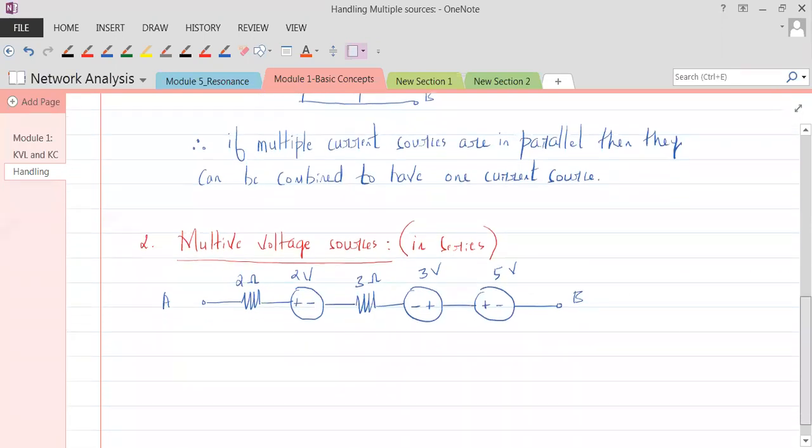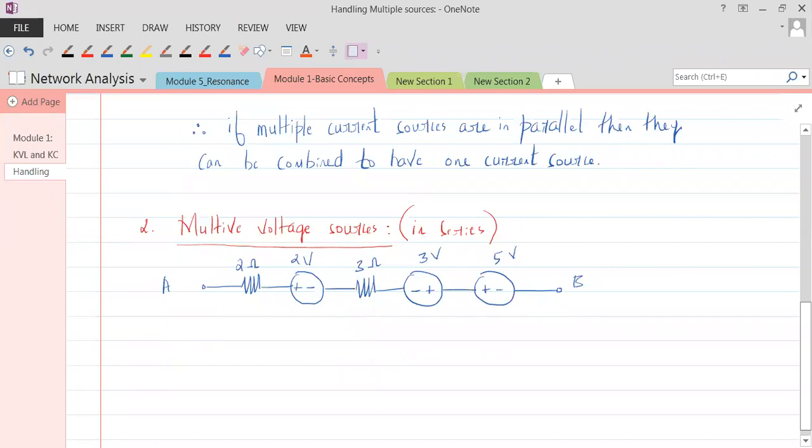So let's do that. 2 and 3, since they are in series, the resistors, I'll make them as one resistor, that is 2 plus 3 equal to 5 ohms. Now I'm adding this, and I'm keeping this as it is.